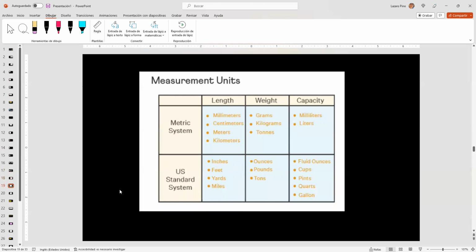Well, we have different systems of measurement. In this case, we have the metric system, where the length is in these units, and also the weight and the capacity. But also in the United States, we have the English system that uses different units for length, weight, and capacity.